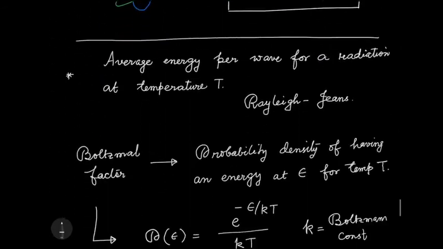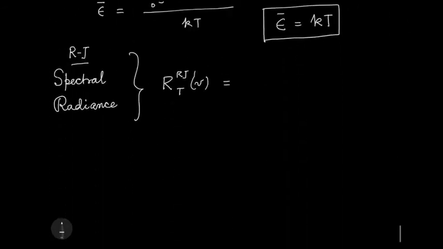I have c by V epsilon bar. So let us put everything here. So you get 8 pi by c cubed L cubed nu squared. V is volume, which is again L cubed, and I have kT.